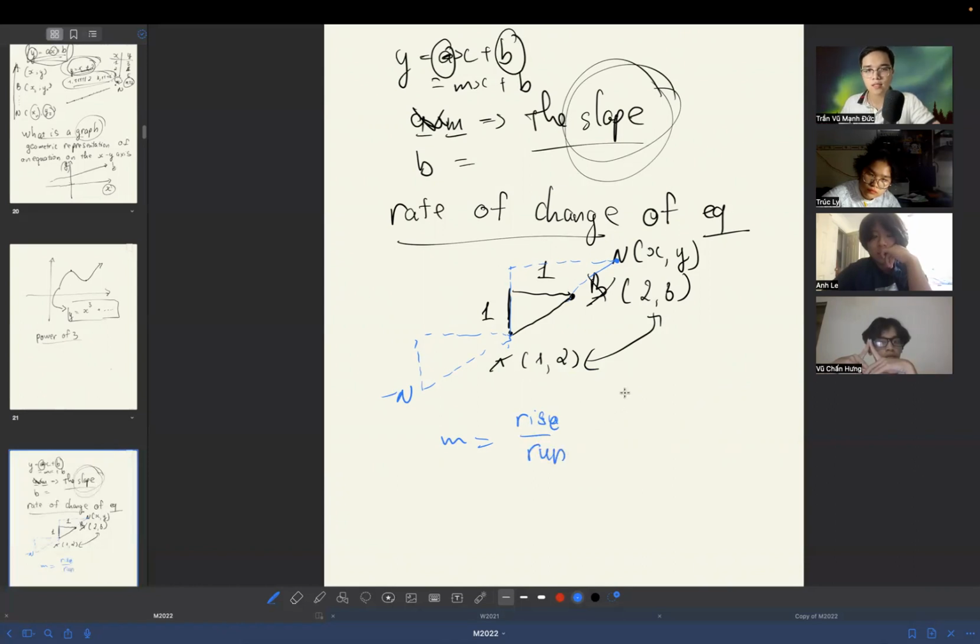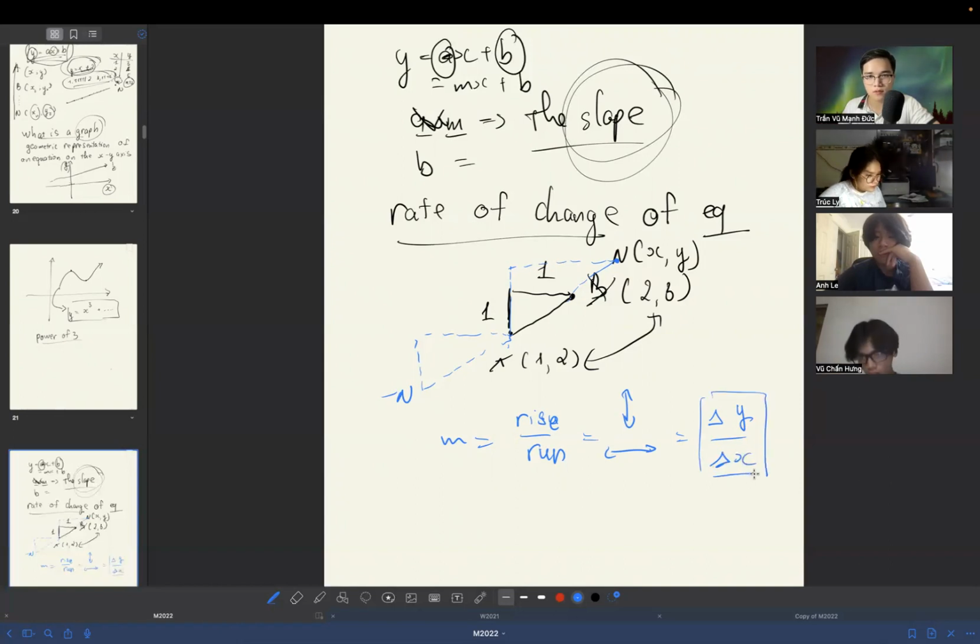What does it mean? Rise is up. Run is the horizontal line. Rise is vertical and run is horizontal. It means that the rate of change, rise, is the y-axis, delta y over delta x. This is what it means.